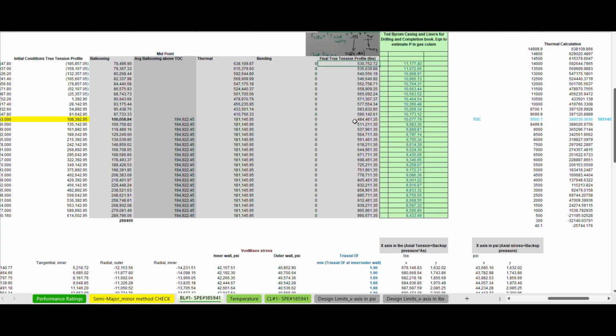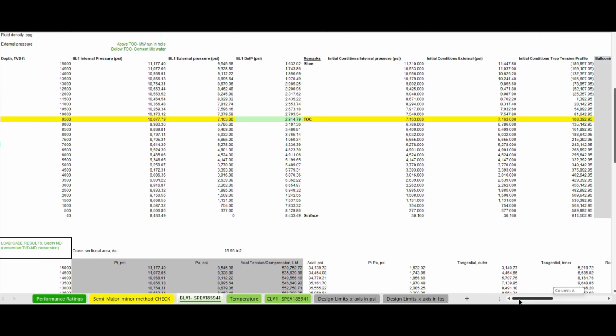This is in the cemented interval. Above the cemented interval, I take the mid approach for the ballooning, and then do the same approach for thermal stresses, and you come up with a final true tension profile.